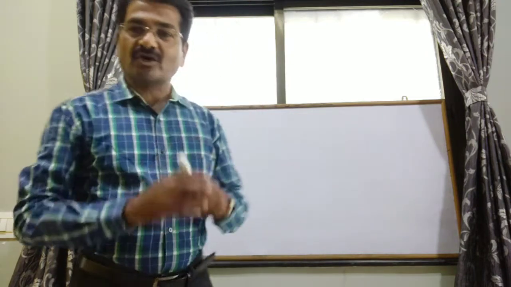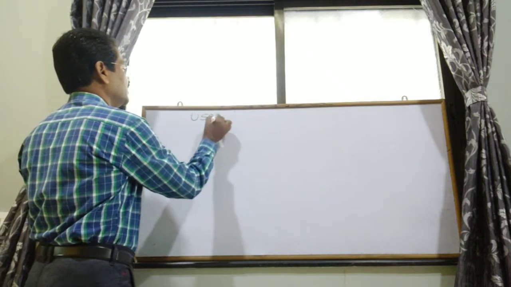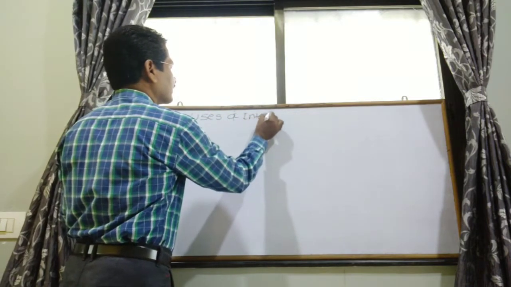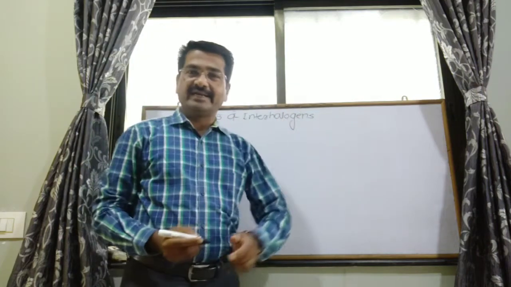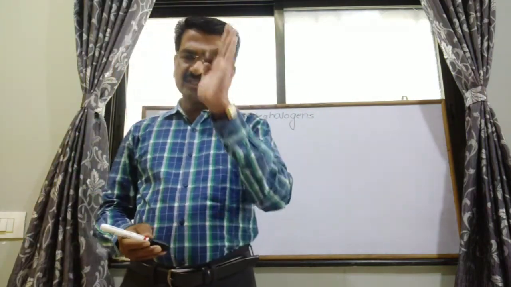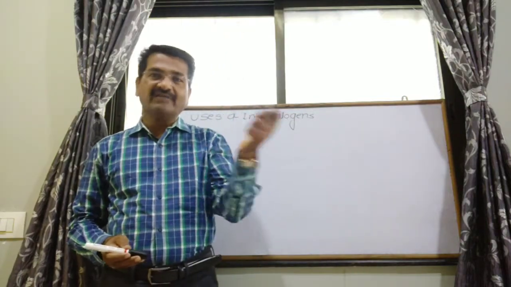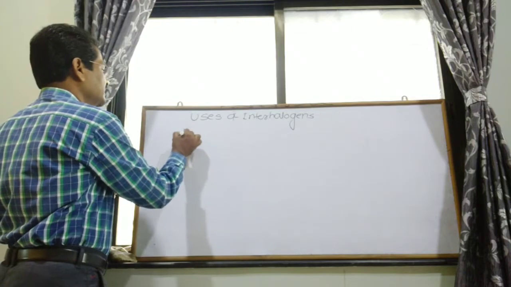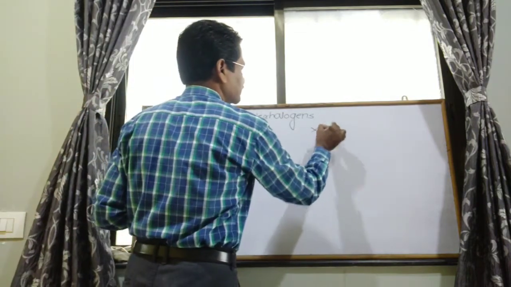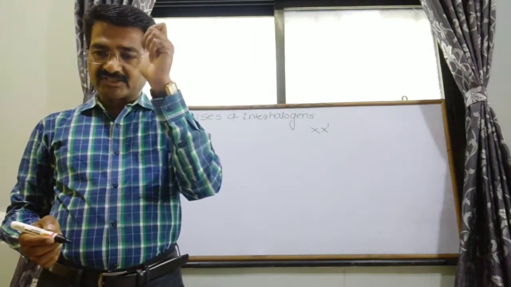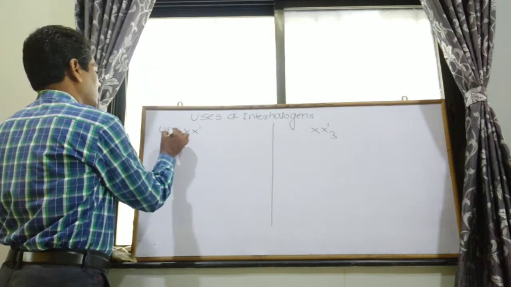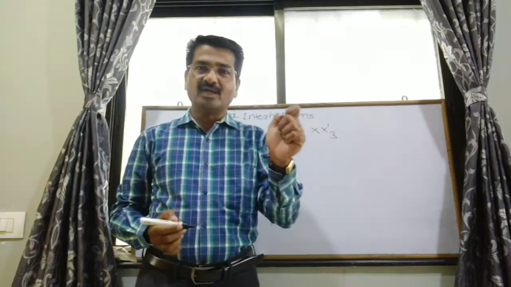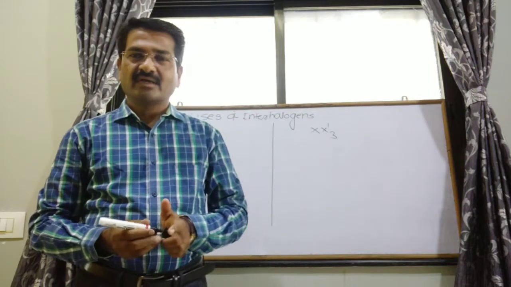The uses of interhalogen compounds. These interhalogen compounds have different uses, first for XX' and then for XX'3. The uses of XX', that may be chlorine fluoride, bromine iodide, anything.